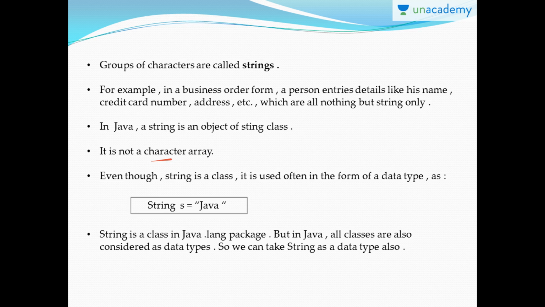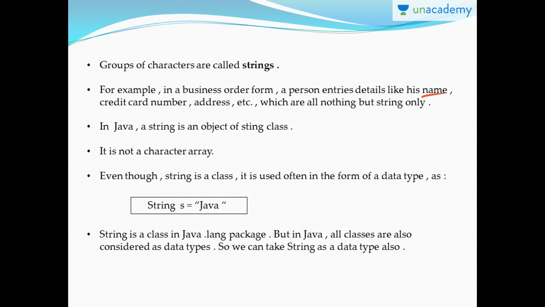When we were discussing arrays, we thought that a group of characters can also be put into an array. We defined it with a string data type, but a string is not an array, it's a group of characters. For example, I can write my name as Kavya, and that complete KAVYA is called a string, but not when I put it into an array.